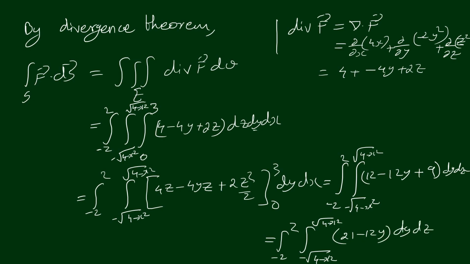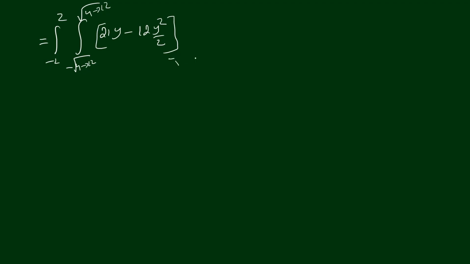Now we need to integrate with respect to y. Integral of 21 is 21y, minus the integral of 12y, which is 12 into y square by 2, with respect to y, from the limit minus under root 4 minus x square to plus under root 4 minus x square.